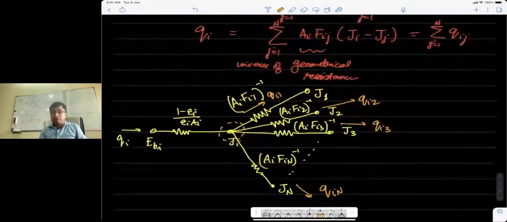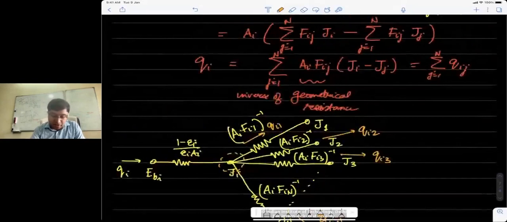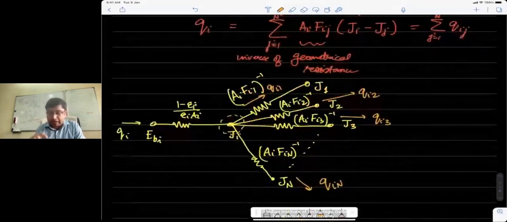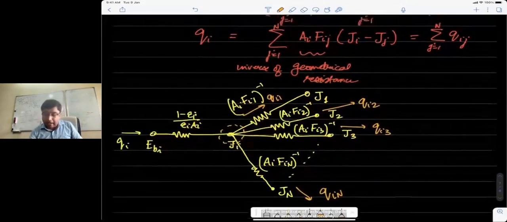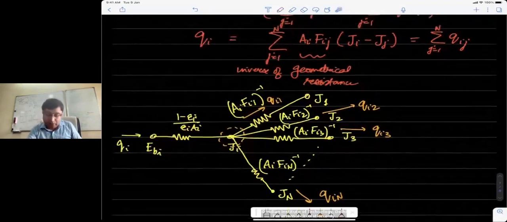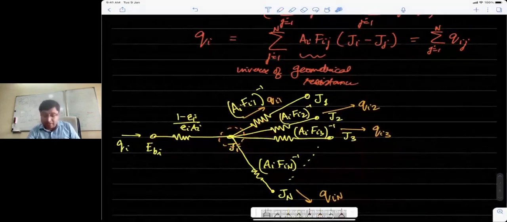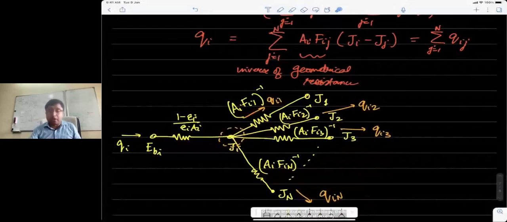When we do our calculations in an enclosure, we will use this concept: the current coming into the radiosity node Ji will be split into n currents, each one flowing through its own resistance, and the resistance is governed by the view factor.